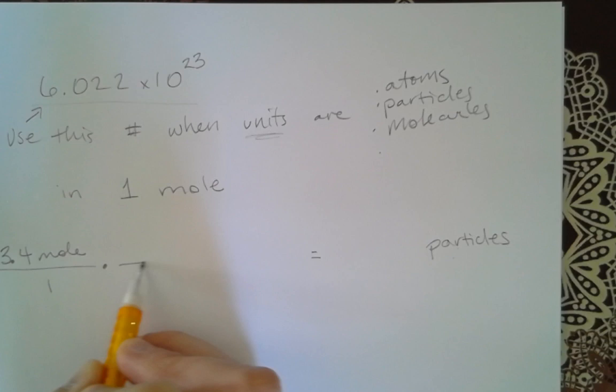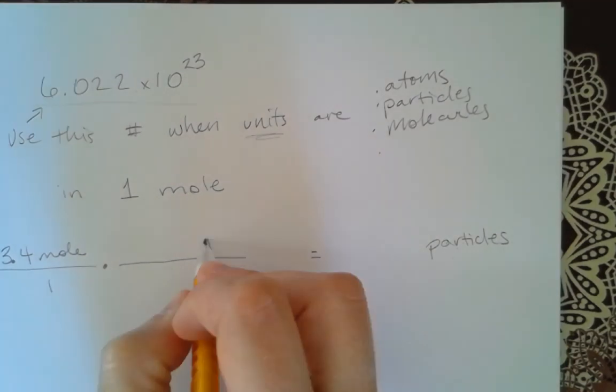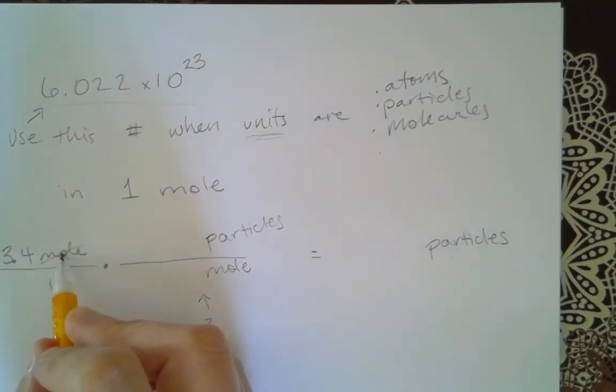We're solving for particles, so we want that particle word on top. And we're starting with moles, and we want to get rid of moles, so that unit is going to go from the top where it started down to the bottom of the next thing. It's all one big fraction. Same thing on top and the bottom cancels out.